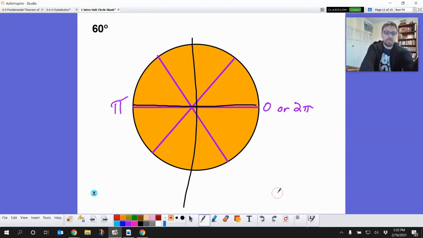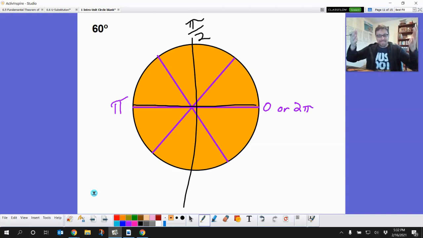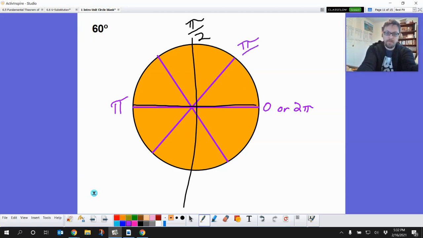Okay, well, this one, notice it doesn't land on our pi over 2. It skips over that, which makes sense because 60 is not a multiple of 90, but 45 was, so it did land on there. So if we've cut this into thirds, this first one right here is pi over 3.